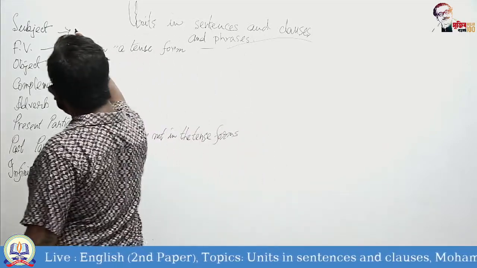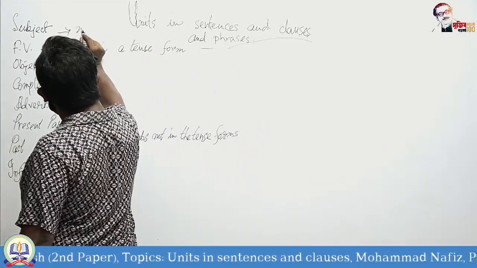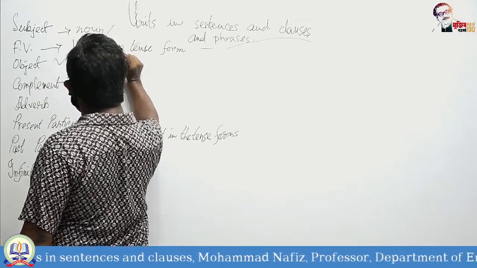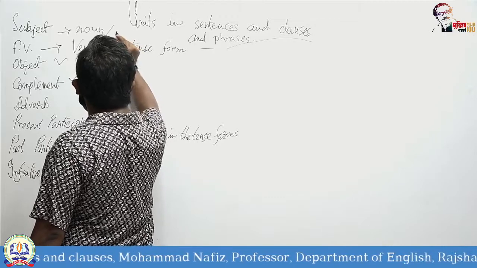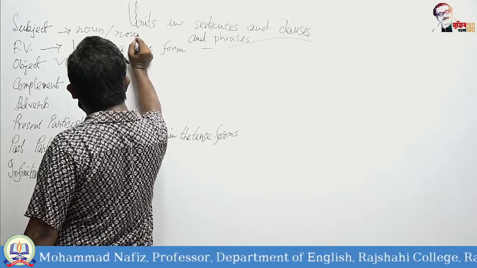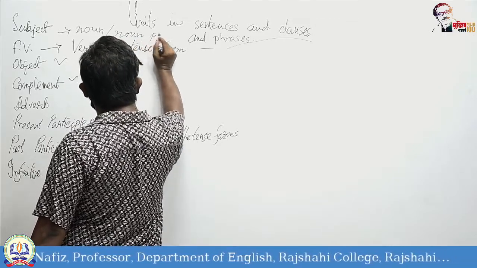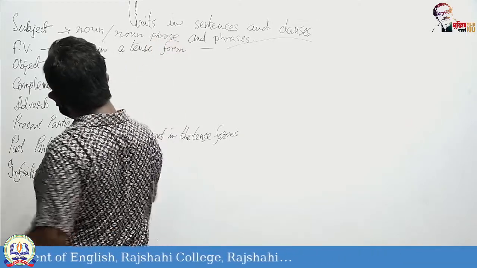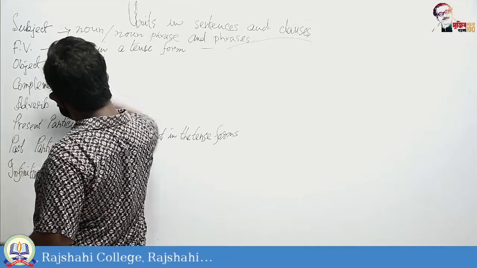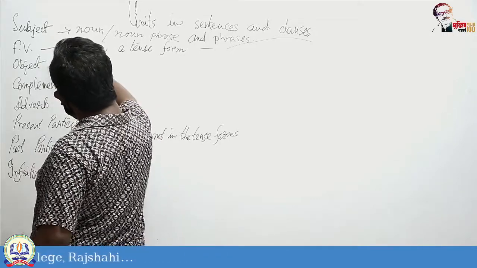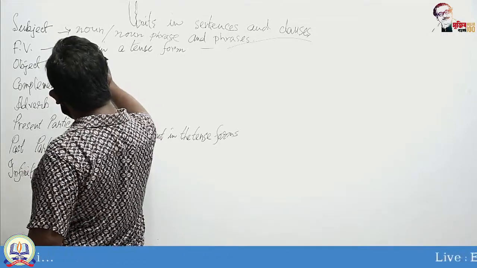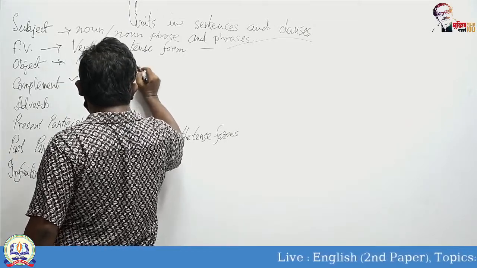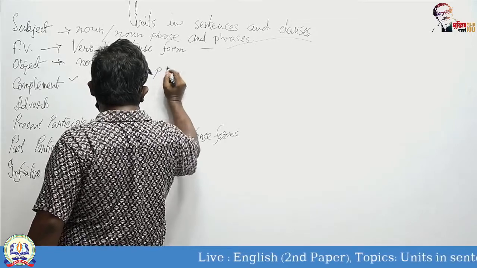Subject and objects are always nouns, and whenever a subject is in a group of words, we will call it a noun phrase. Objects are also always noun or noun phrase.